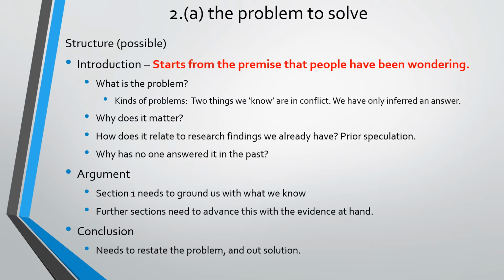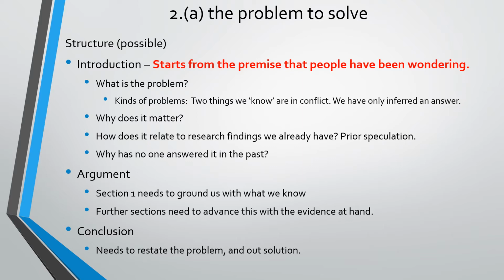Now you have to justify why this matters. That's typically pretty easy to do if people have already been talking around the topic without addressing it directly. You also need to indicate how this relates to research findings we already have and prior speculation.